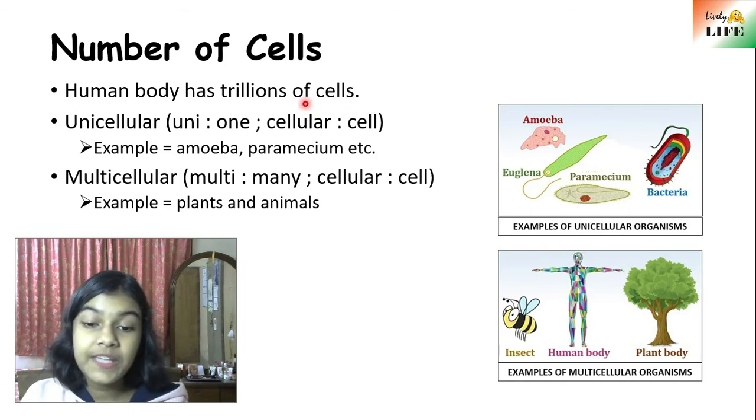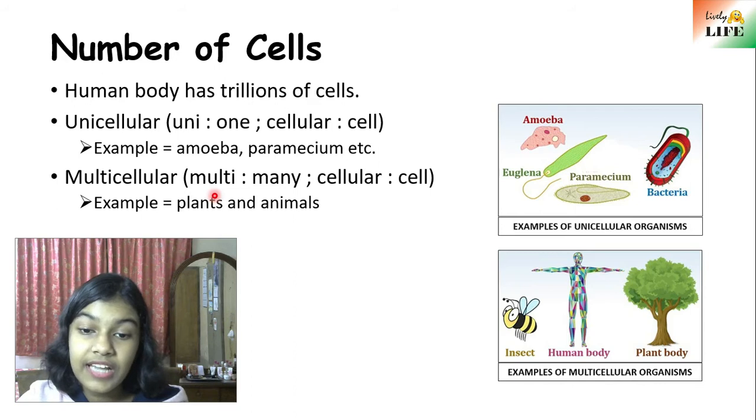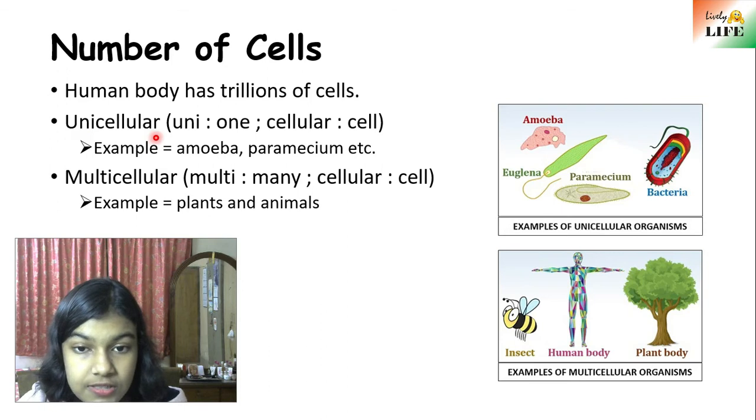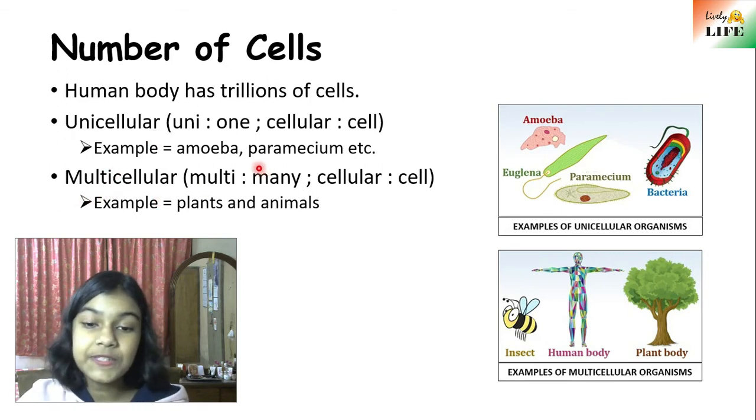Now, on the basis of how many cells there are in an organism, organisms can be of two types. What are they? Unicellular organism and multicellular organism. So what are these unicellular and multicellular organisms?